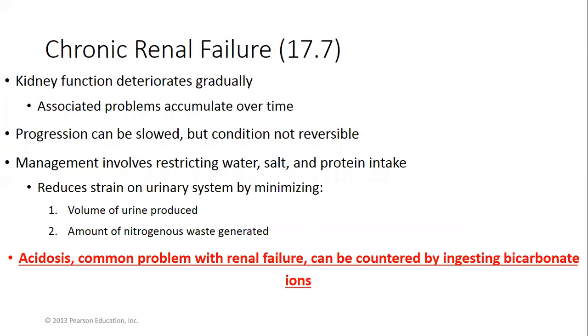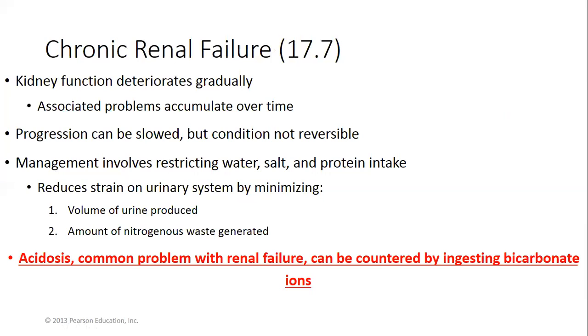Chronic renal failure: the progression can be slowed, but it's pretty much not reversible. Kidney damage is really hard to reverse. Management involves restricting water, salt, and protein intake, so it puts less strain on your kidney, and that reduces the volume of urine produced and how much needs to be filtered.